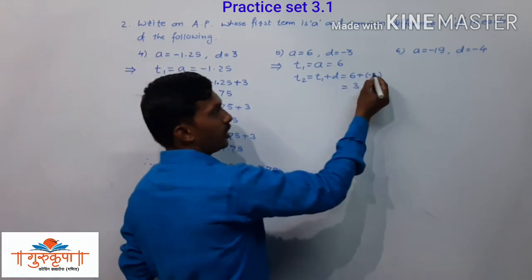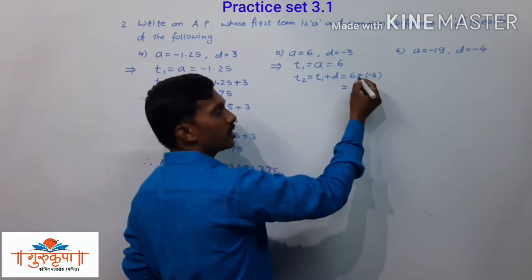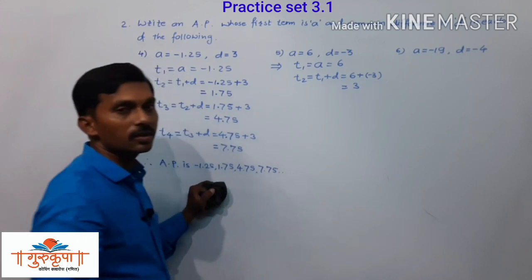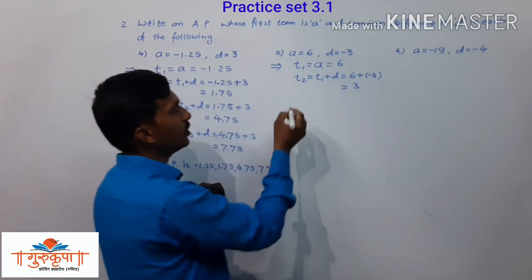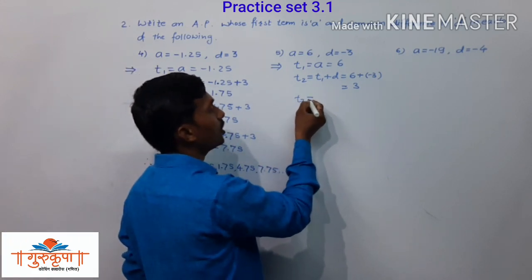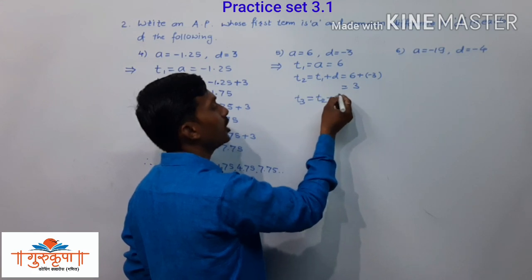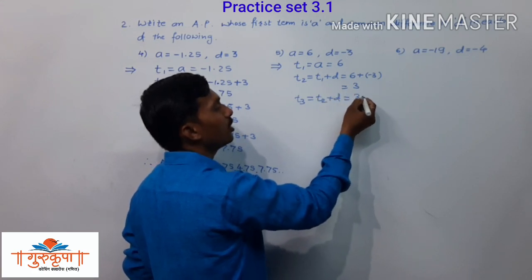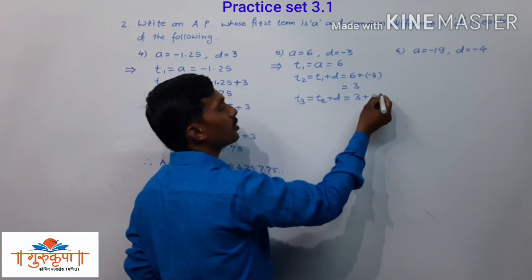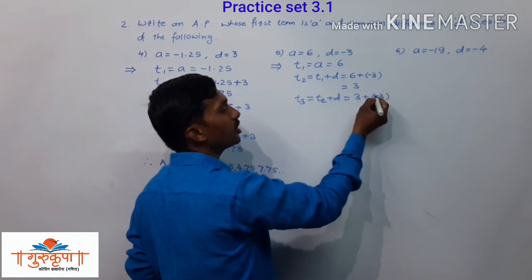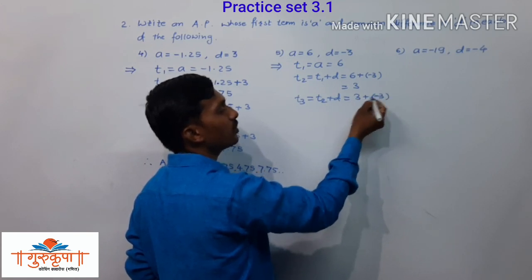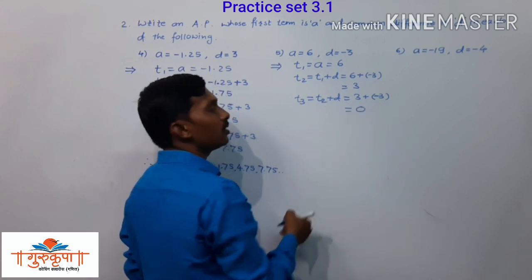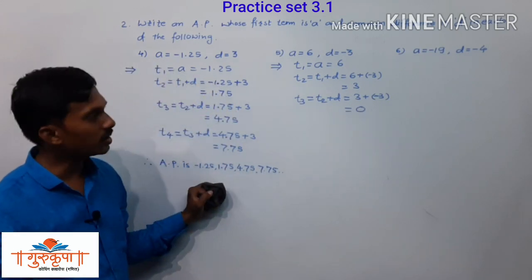Plus into minus, that is minus, and 6 minus 3 is 3. Since bigger number is positive, answer is positive. Now we have to get third term. T3 is equal to T2 plus D. T2 is 3 plus D is minus 3 and here 3 minus 3, see this plus into minus is minus, 3 minus 3 is 0.